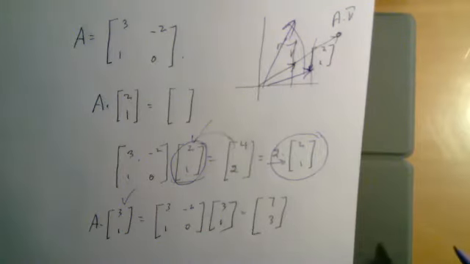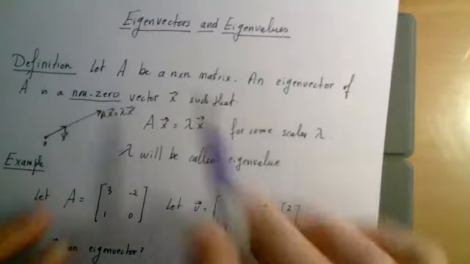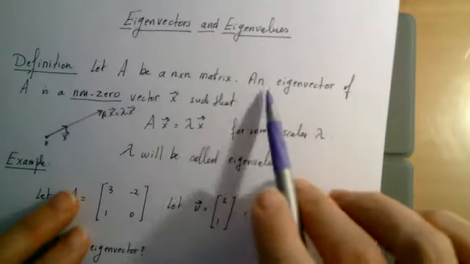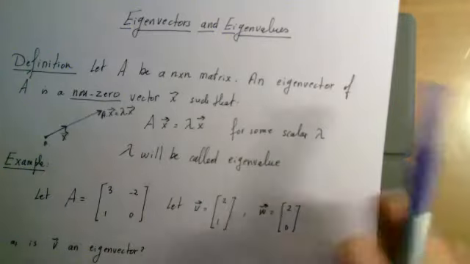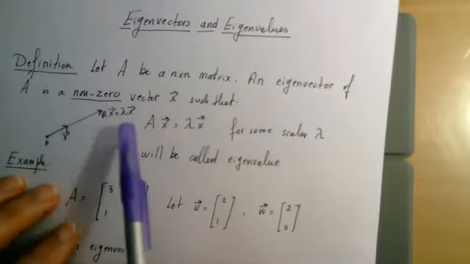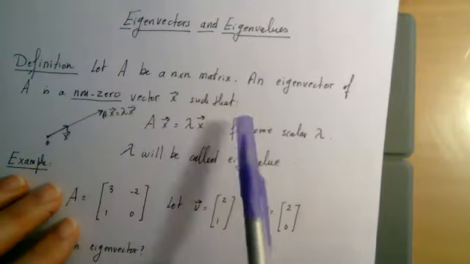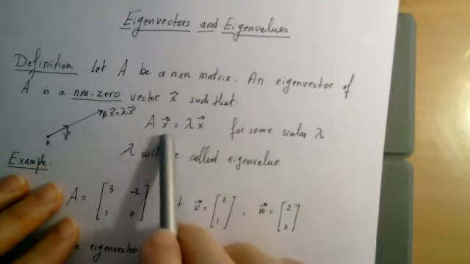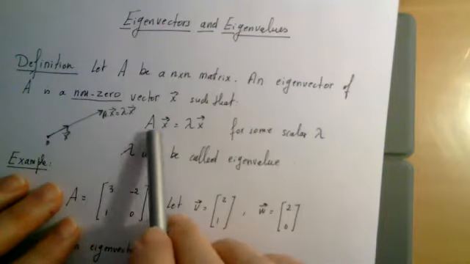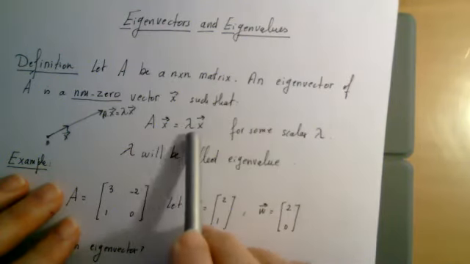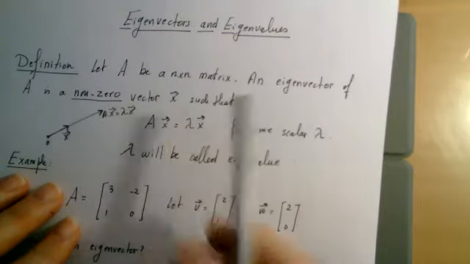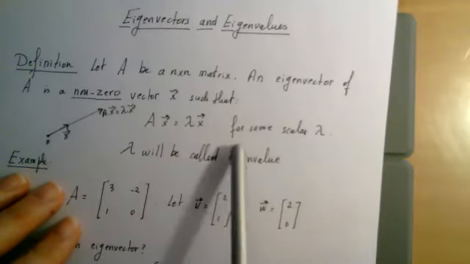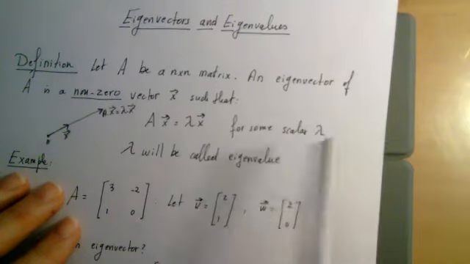So our first definition of today is the following. Let A be an n by n matrix. An eigenvector of A, and that's important, is a non-zero vector x such that when A acts on x, meaning A times x, is lambda times x. It means what A does is basically to scale the vector by some scalar lambda.